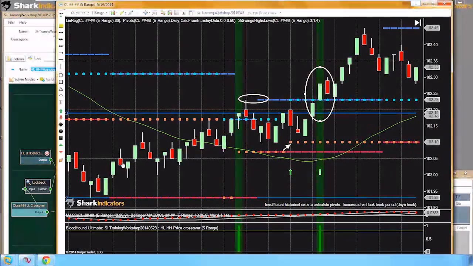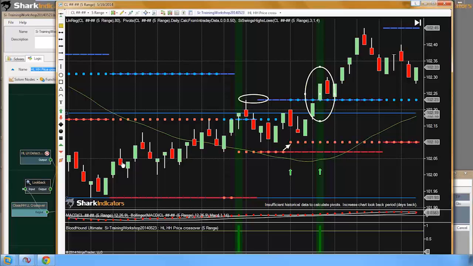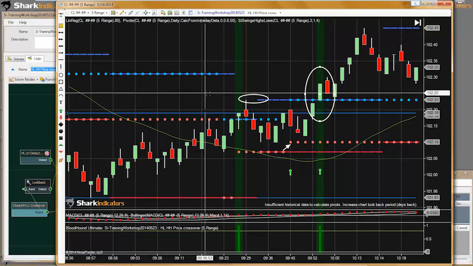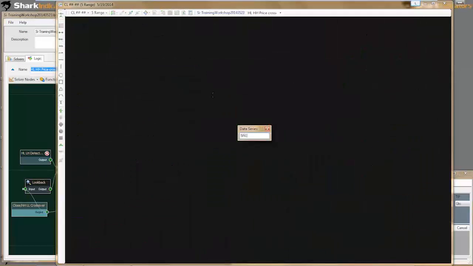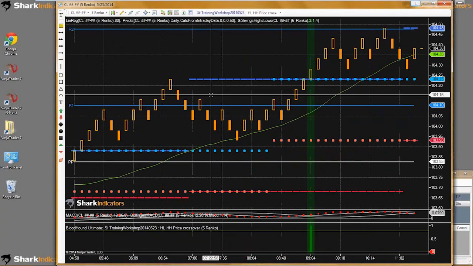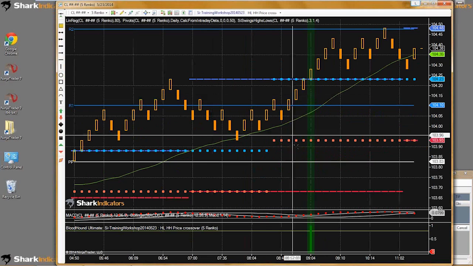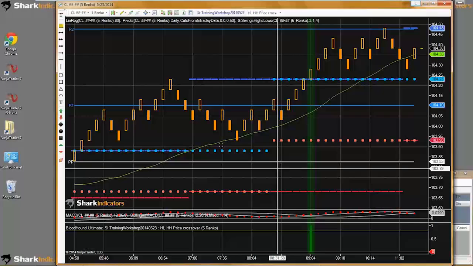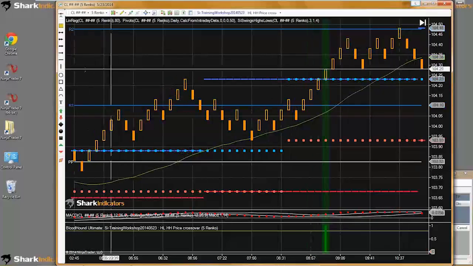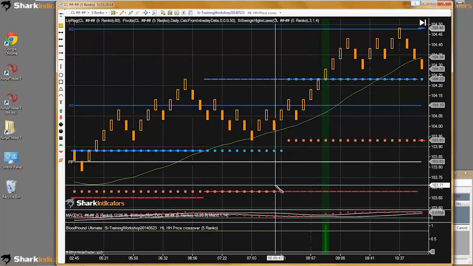All right, Celso wanted me to take a look at Renko bars real quick. All right, Renkos. There we go. There's some 5 brick Renkos for you. So let's take a look at this.